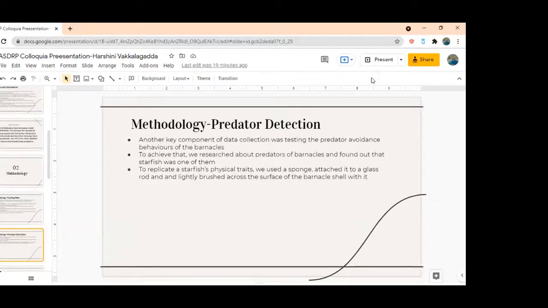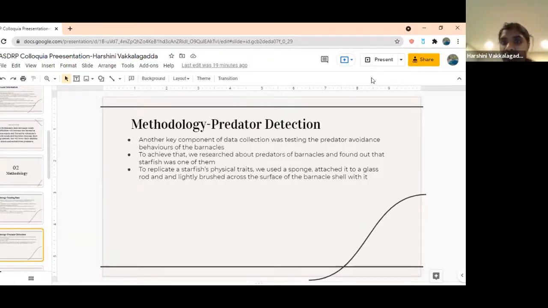Another important part of our experiment was predator detection. To achieve that, we had to research what predators the barnacles had, and we found out that starfish was one of them.